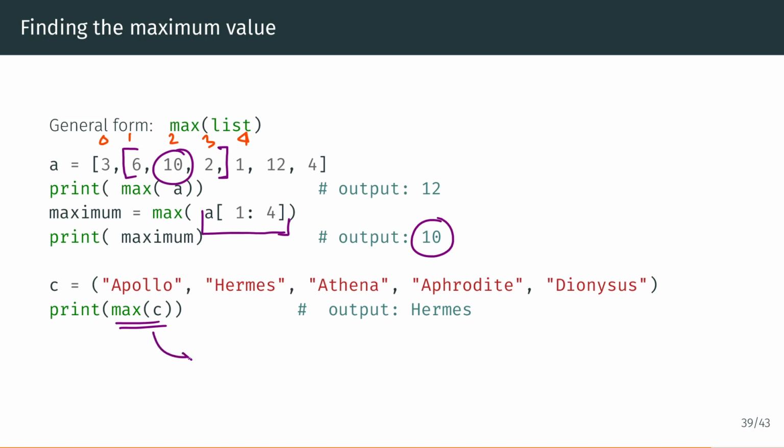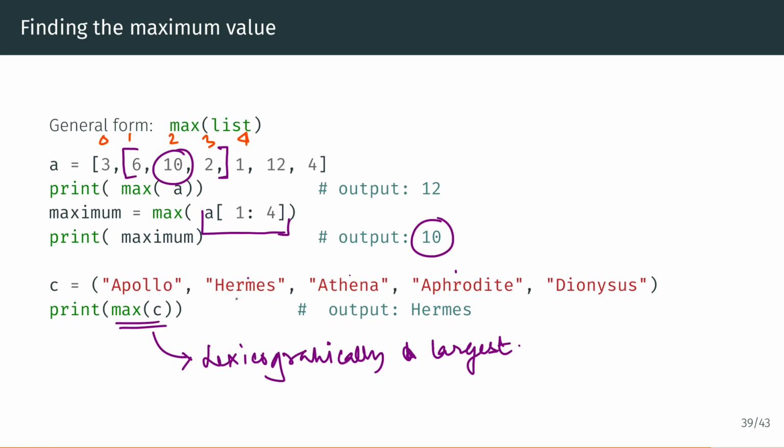Now, in case of strings, the max would be the lexicographically largest. Which means, lexicographically would mean if you arrange these words in a dictionary, what is the word that comes last?